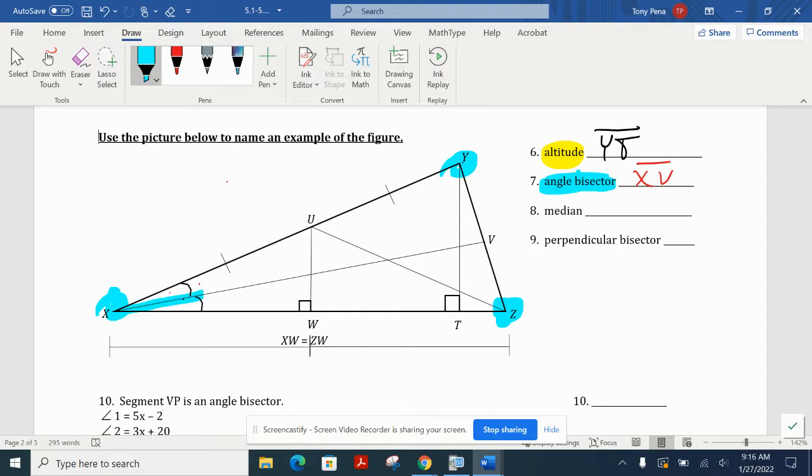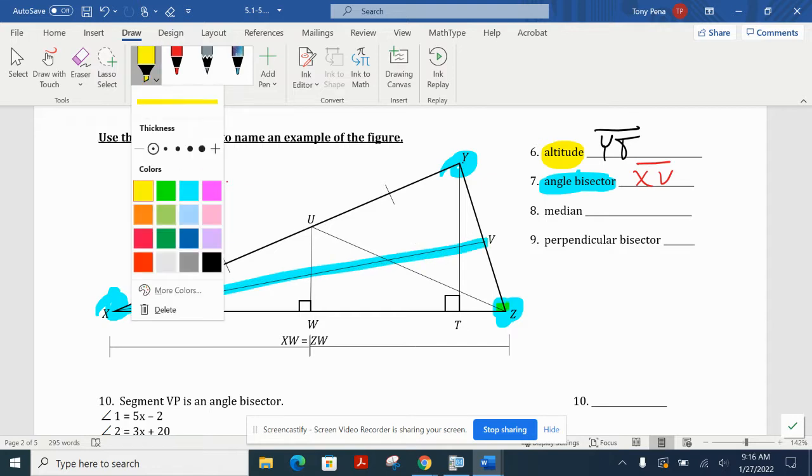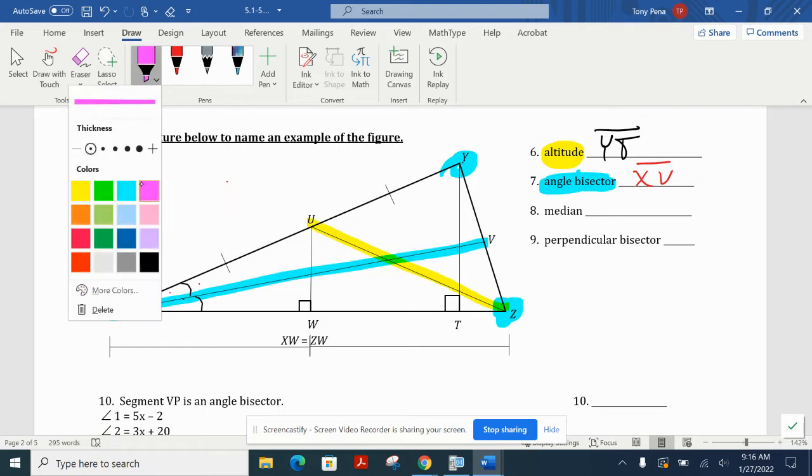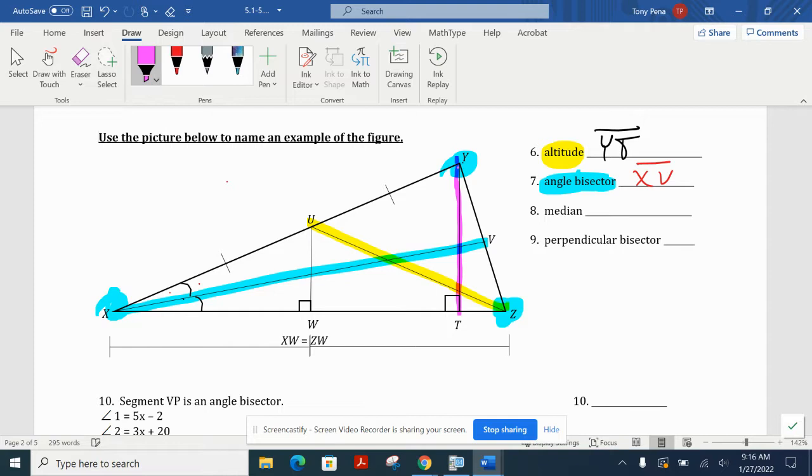So let me give you the three options here. I'll do this one in blue. I'll do this one in yellow. And then this one is in purple. So only one of those, the yellow one, the blue one, or the purple one, comes out of the vertex and cuts the opposite side in half. All right. Which one is cutting the opposite side in half? Blue, yellow, or purple?